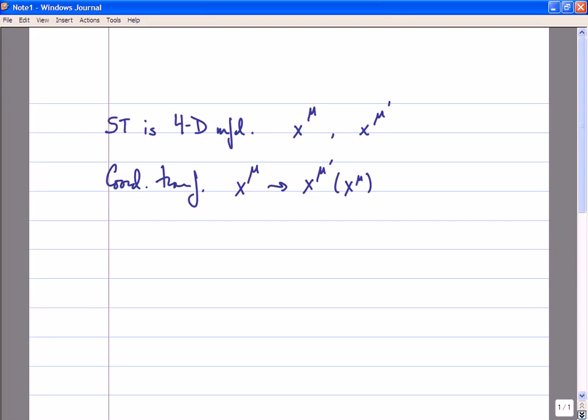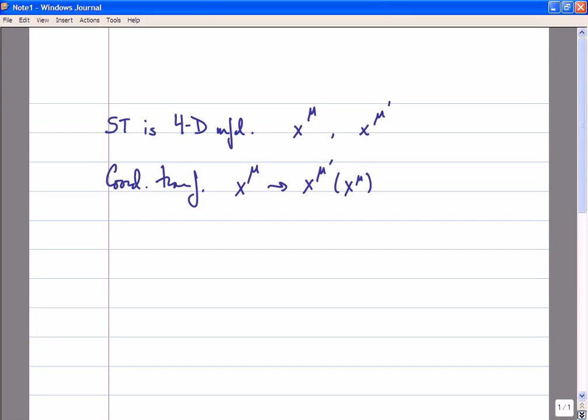So we need to start with a careful investigation of how the various quantities that we use in physics transform under these coordinate transformations. So, for example, we saw that the simplest possible way that an object could transform under a coordinate transformation would be to not transform at all.